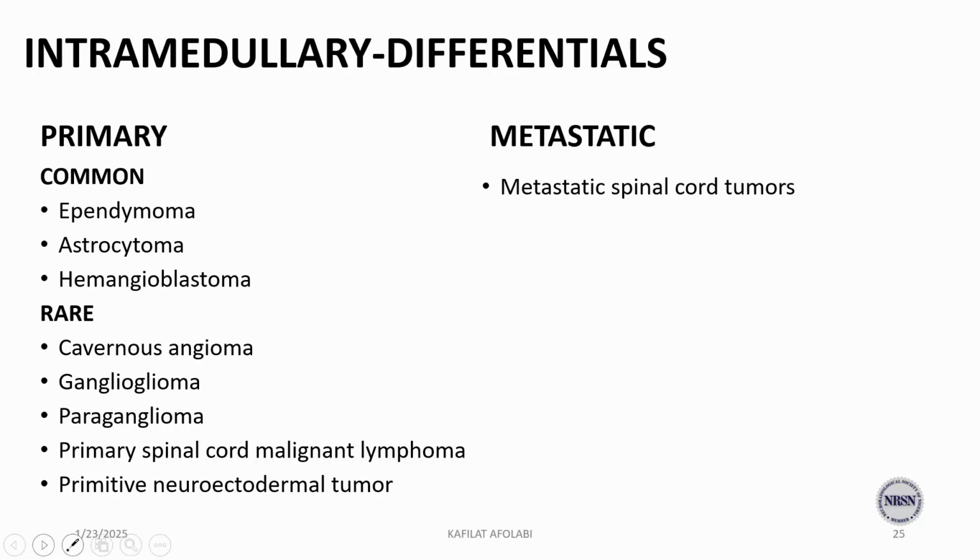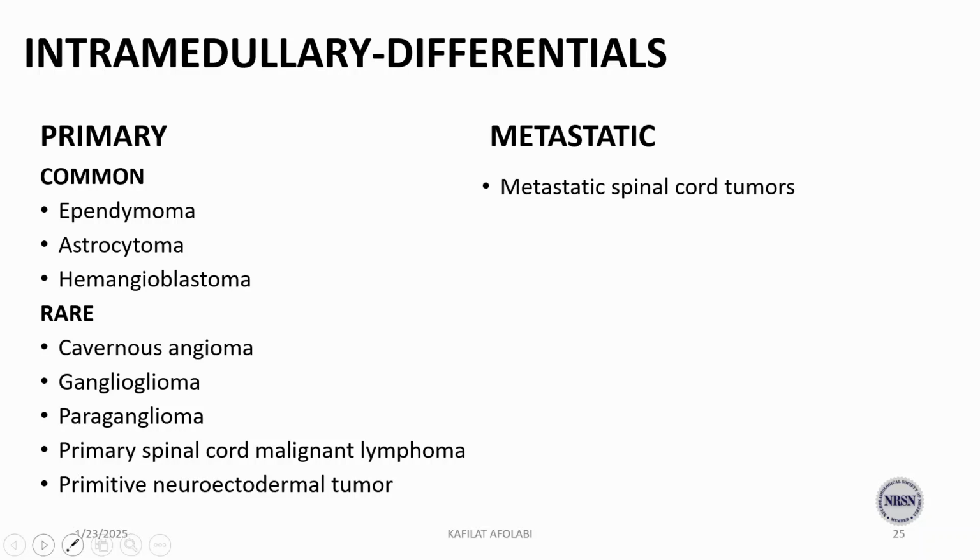Of these groups, the most common in the primary group and often benign are the ependymoma and astrocytoma. In fact, ependymoma and astrocytoma top the list, while hemangioblastoma stays far behind. In the malignant variety, there could be metastasis from primary tumors in the body that go into the cord itself.